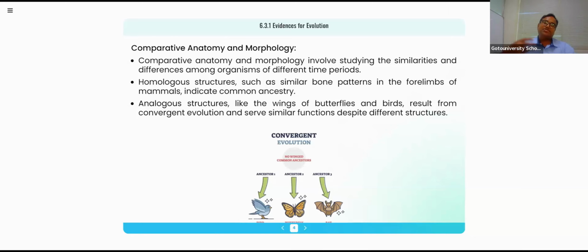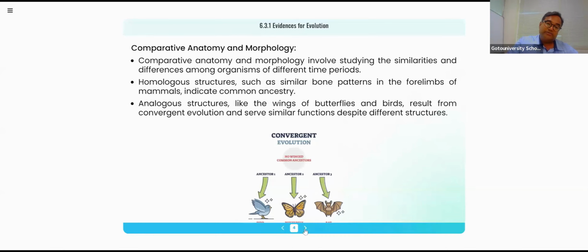The size, shape, and color of the dates are totally different. You take jasmine of various size, shape and color in various places. Coconuts of various size and shape you can see in different geographical areas. So all these things denote exactly the morphology and anatomy differences, right?